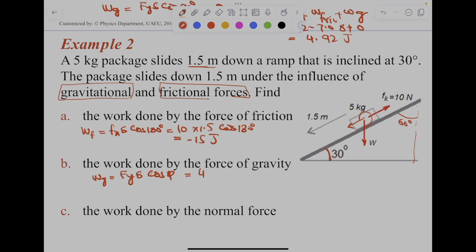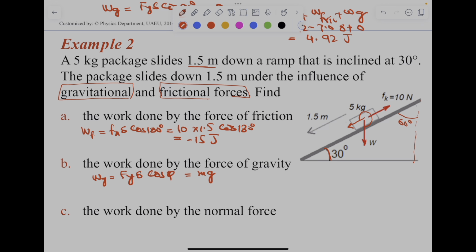Your force due to gravity is nothing but mg, which is 4.9, or you can write it as mg.